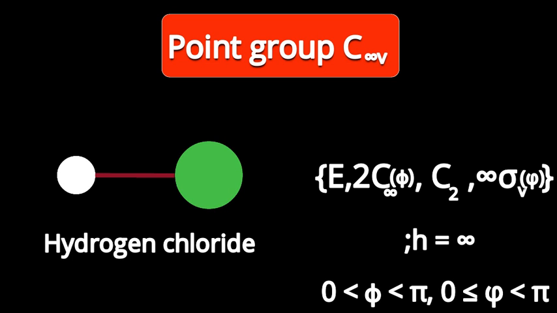But what representation are you getting there? 2C∞(φ). What is φ there? φ is a variable angle. Now see the range of that φ very carefully. φ is greater than 0 but less than π. π means 180 degrees. And there, double C∞ with variable φ is mentioned.